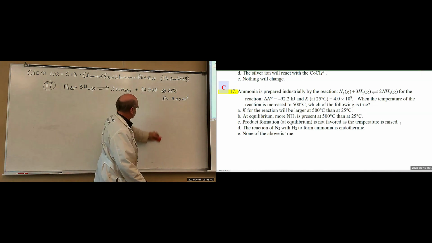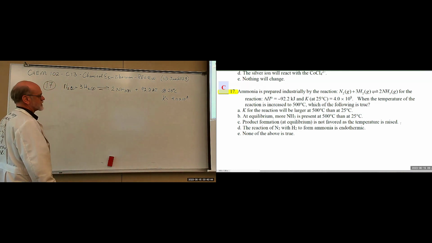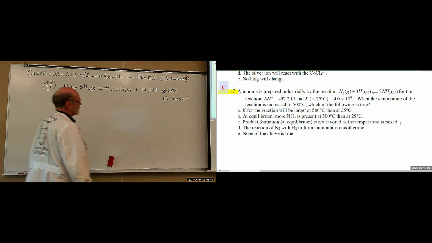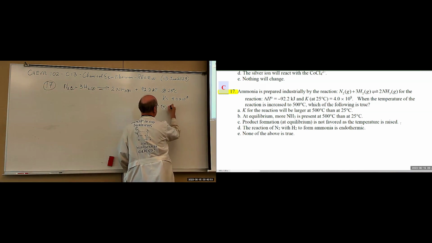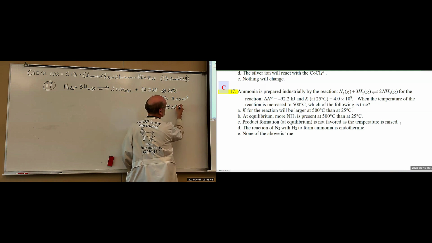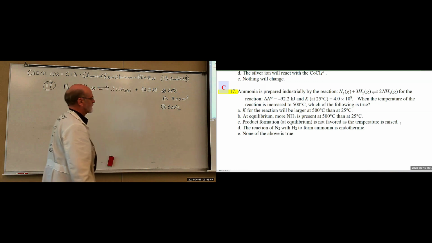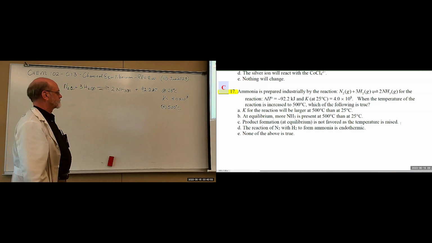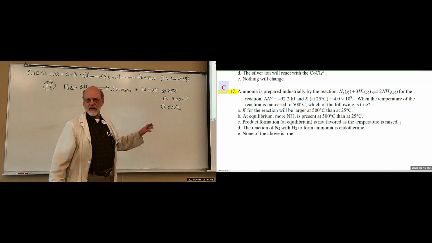All right, so that being said, what does this thing want us to do? When the temperature of the reaction is increased to 500 degrees, so we're increasing the temperature to 500 degrees Celsius, which of the following is true? Okay, I think I partially answered it already.